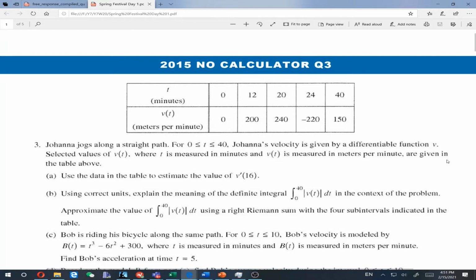Yep, we're on A. So estimating the value of v prime at 16, what do we need to do? These are the only values we have and we don't have a formula, so we can't get the midpoint. I'm going to jump to Sarah.